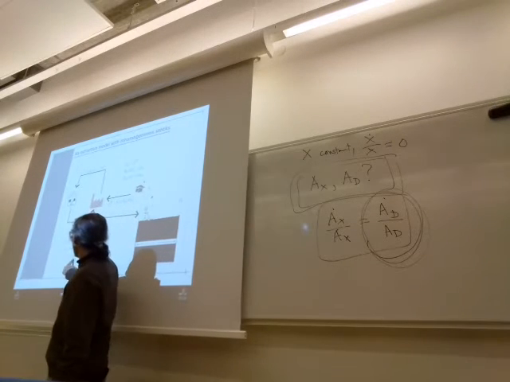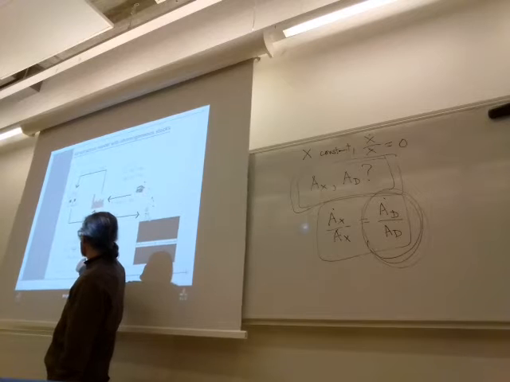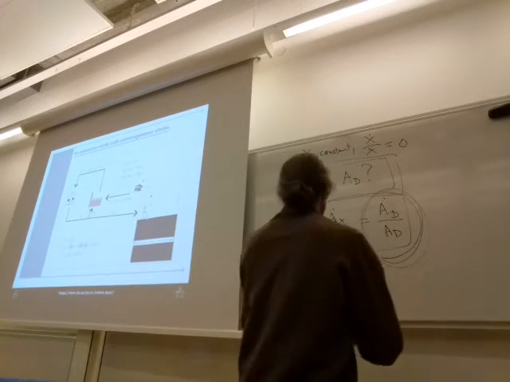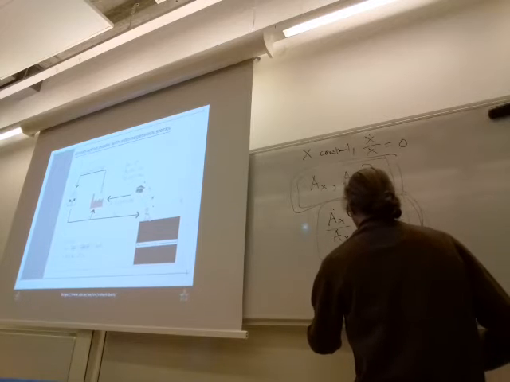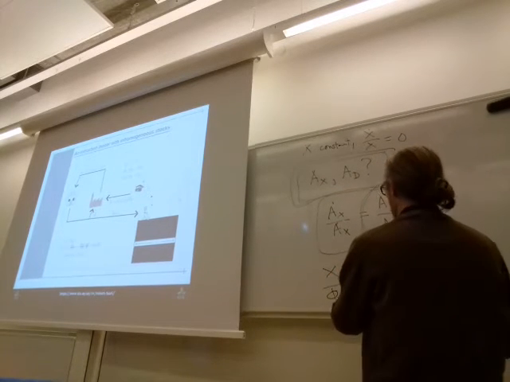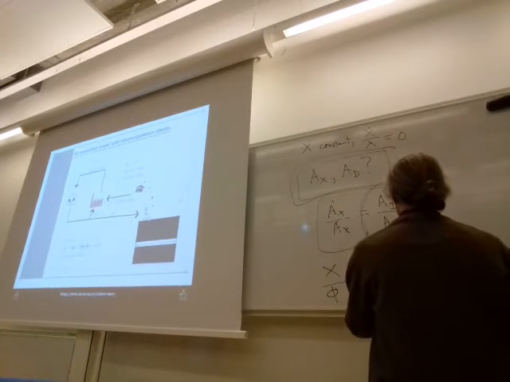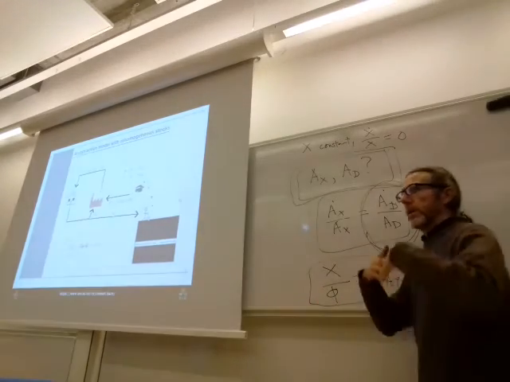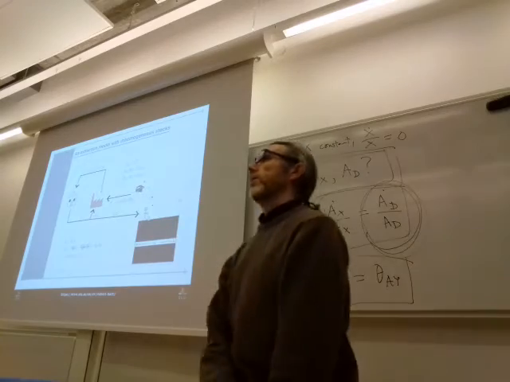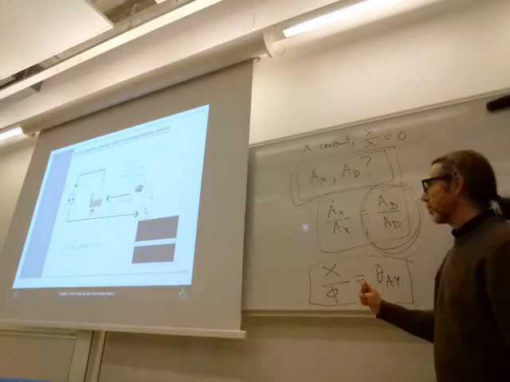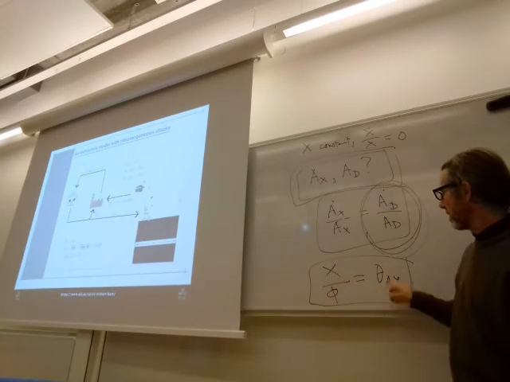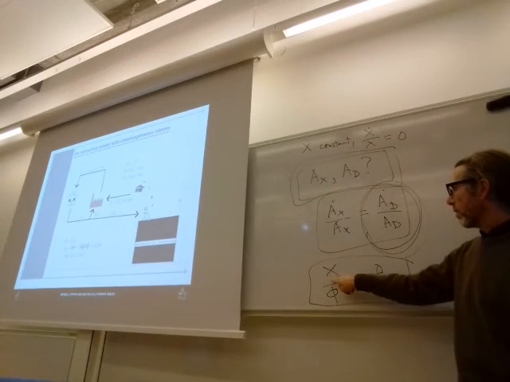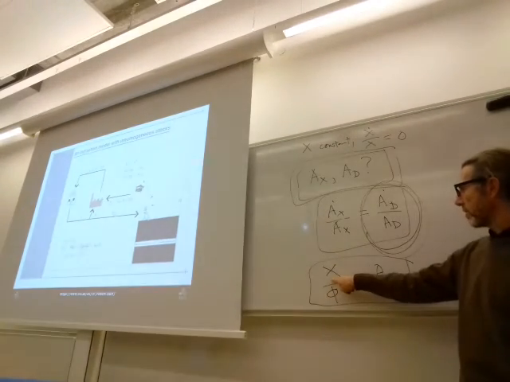But the growth rate of the depth factor is just x over phi. So then we know that x over phi must be equal to theta AY. So the point is that if there's a balanced growth path, which we kind of assumed there was, then this must hold. Because remember, on the balanced growth path, x is constant.